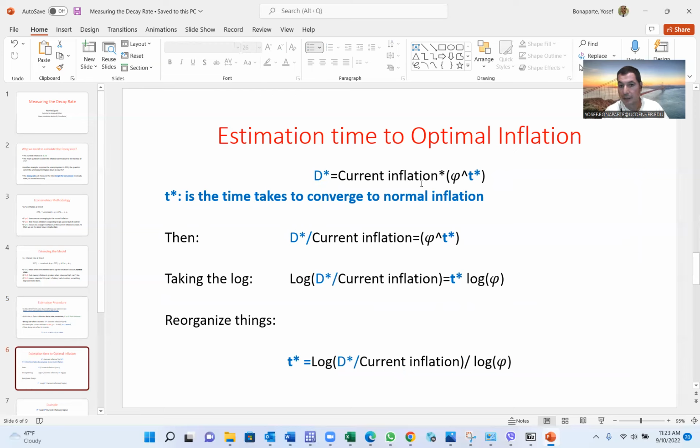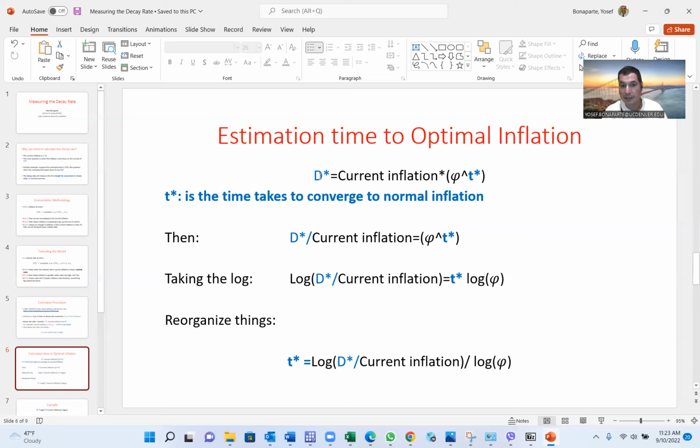Okay, so that's the estimation of the time to optimal or normal inflation. We're going to call T star the time to optimal inflation, and D star divided by current inflation equals phi multiplied to the power T star. Taking a log, you will have this: T star equals log of D star divided by current inflation, everything divided by log phi.